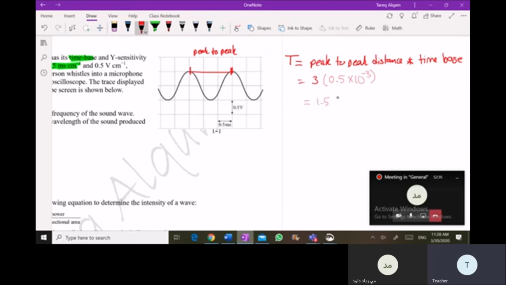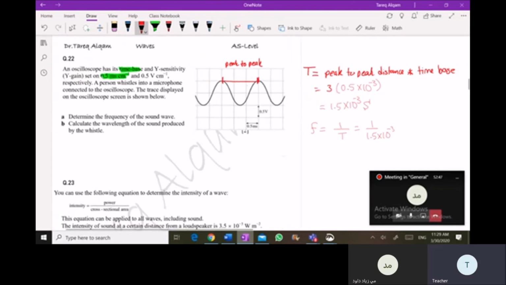So this becomes 1.5 times 10 to the power minus 3 seconds. Frequency equals 1 over the period, which is 1 over 1.5 times 10 to the power minus 3. So I can find what? The frequency.